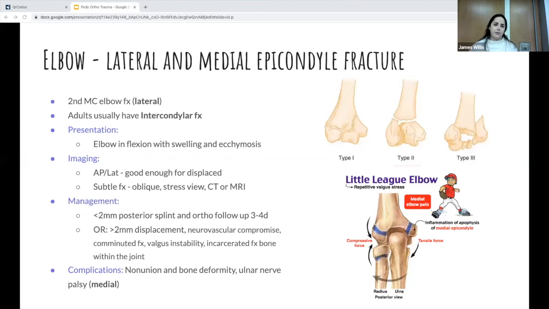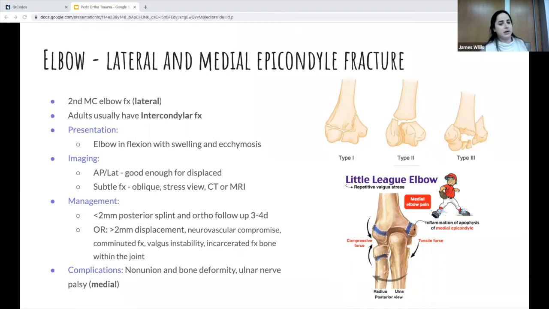More on the elbow, when you have lateral and medial epicondyle fractures. The lateral condyle fracture will be the second most common fracture of the elbow in pediatric patients. Adults usually have intercondylar fractures. Pediatric patients don't get these. Patients will present with the elbow in flexion with swelling and ecchymosis. You still need your AP and lateral.